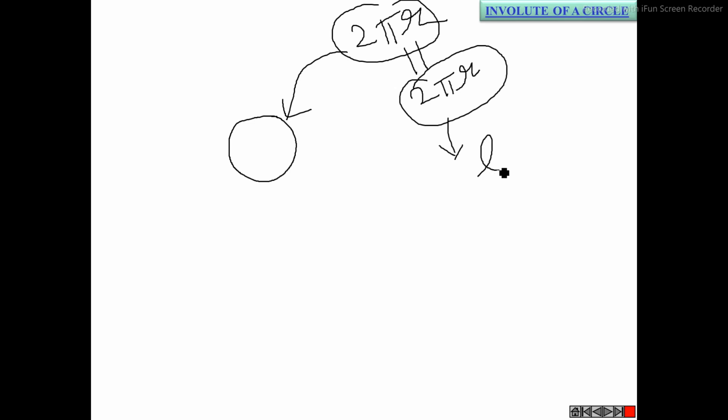So if I want to wrap the complete length of wire, then my length of wire should be equal to the circumferential length, that is 2 pi r or pi d, correct? Yes or no?